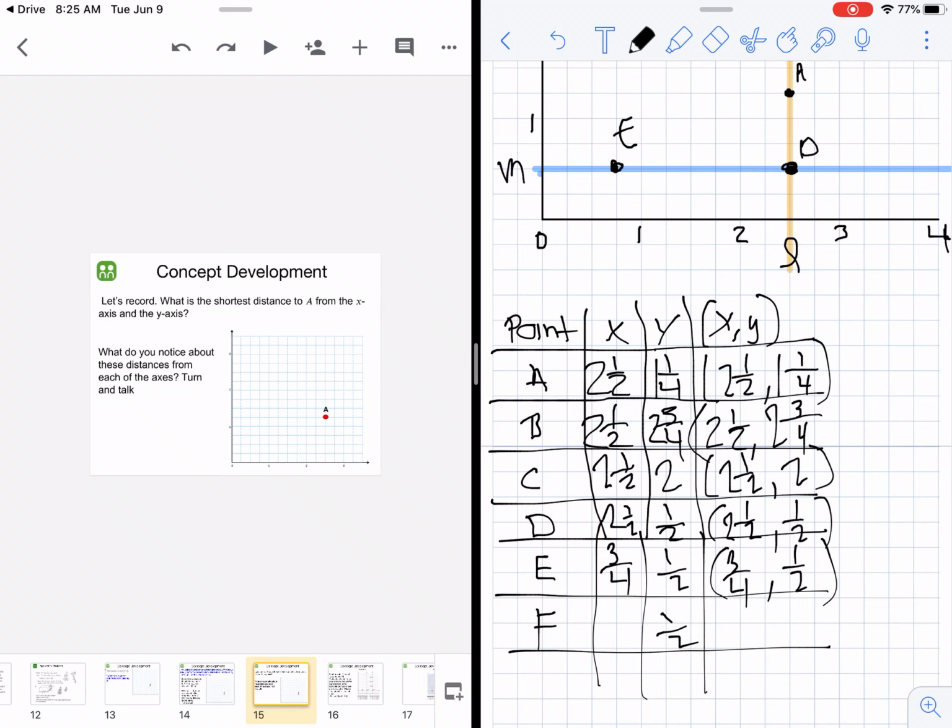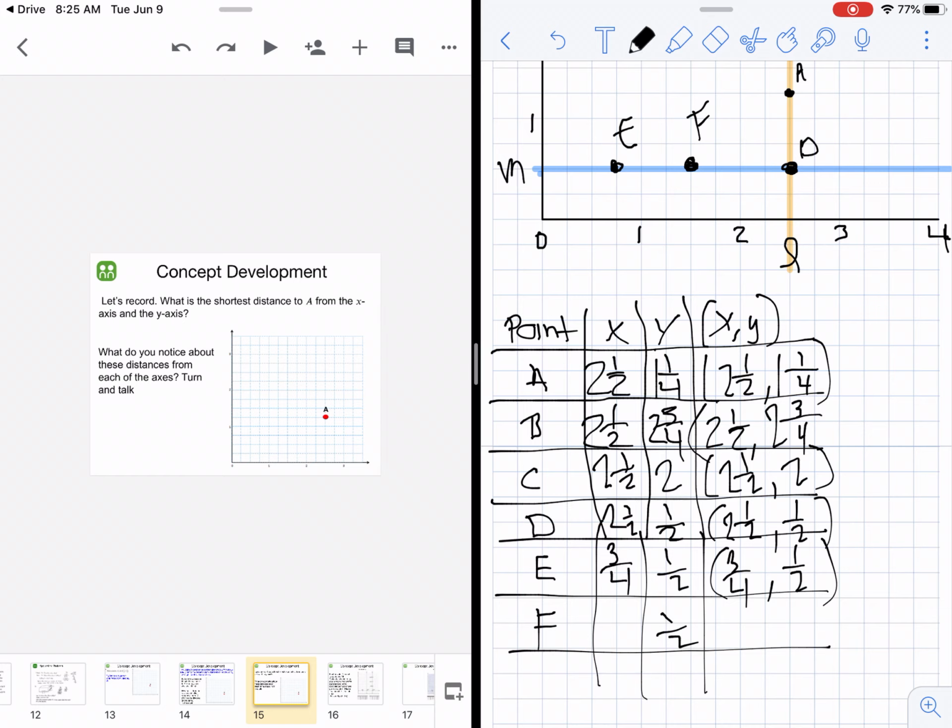Last one is F. So we're going to plot point F on line M that is 3/4 unit farther from the y-axis than E. So 3/4 farther than E. That puts us, go ahead and plot it. Record it in your table. F. Remember, each square represents 1/4.